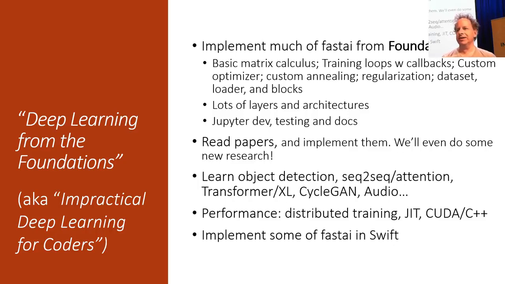Also, it's increasingly clear that, we used to call part 2 cutting edge deep learning for coders, but the cutting edge of deep learning is really about engineering, not about papers. The difference between really effective people in deep learning and the rest is really about who can make things in code that work properly, and there's very few of those people.